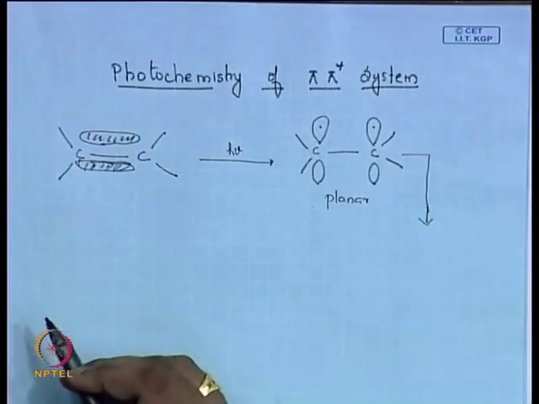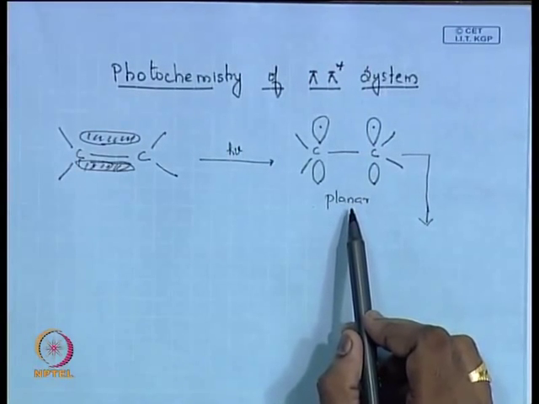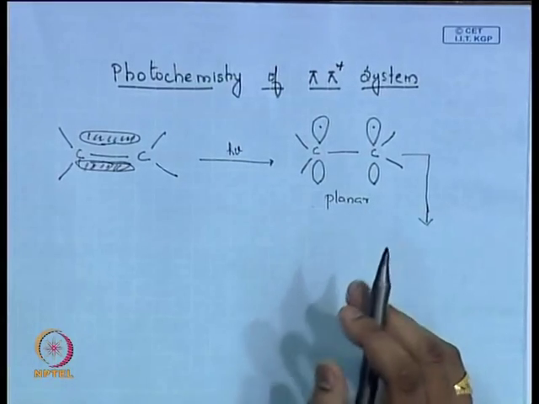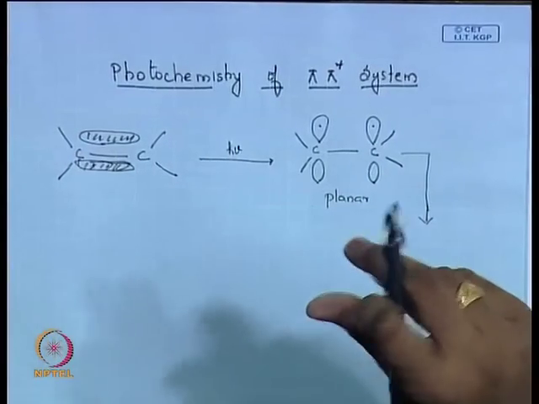Now, this is the interesting part of your pi star system. Once the excited state is there in the planar form, it undergoes a little bit of twist on the carbon, 90°. It undergoes a 90° twist.